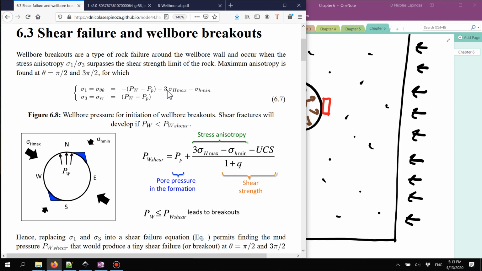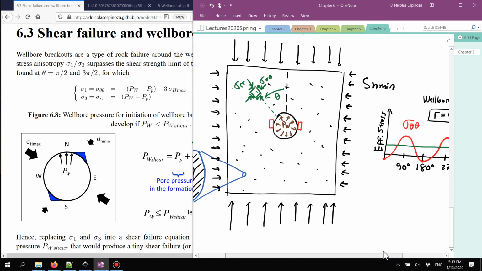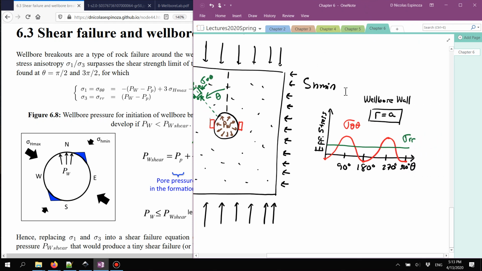Notice that the hoop stress is going to be larger than the radial stress, and is going to depend on the effective radial stress support, Pw minus Pp, but also on the asymmetry or the difference between the horizontal stresses. This is captured in this plot by this variation.